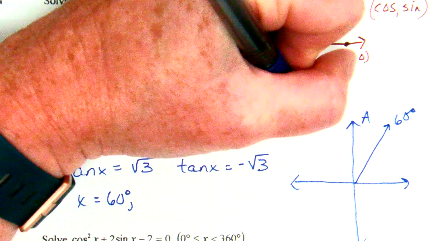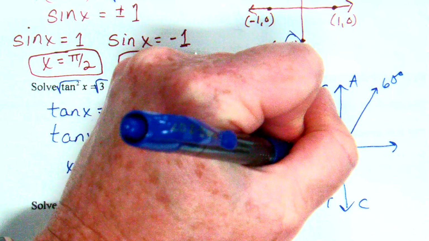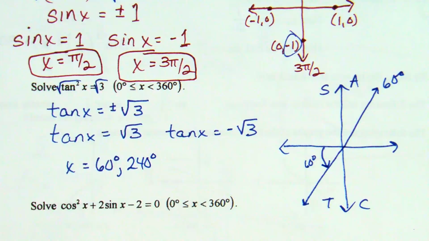So if we were just looking for positive answers, which is officially what I'm doing right now, I need down here, yes? So I need to look and see what is 60 degrees below the x-axis, which is going to be 240, because it's 60 added on to 180. There's my positive answers.